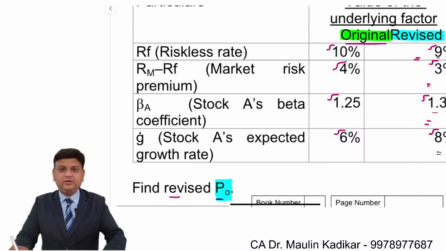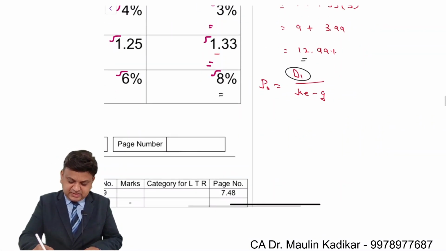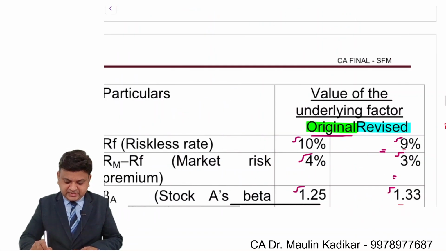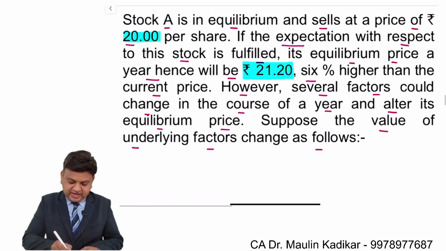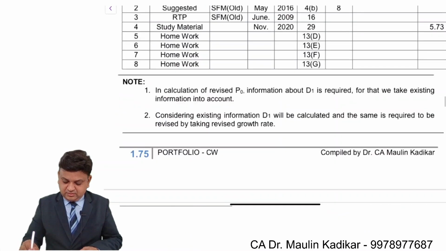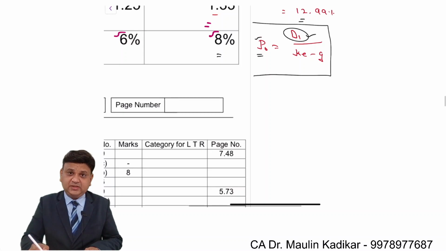In the original information, if we see this formula, all the information is available to us except for D1. You can see that the equilibrium price is provided to us in the example as 20 rupees per share. So over here P0 is provided to us as 20 rupees.